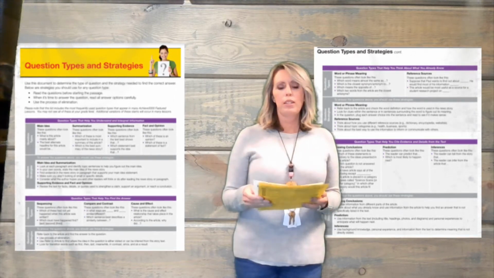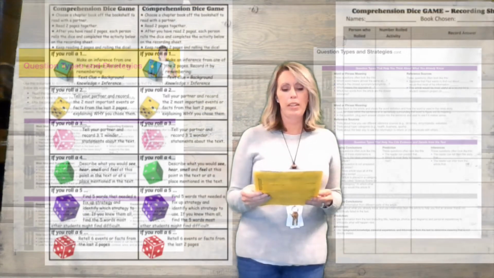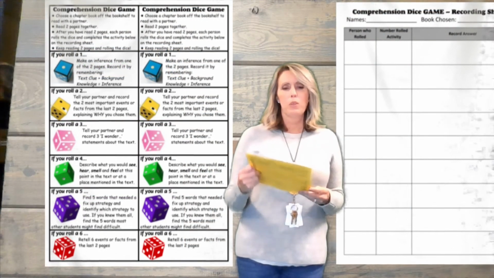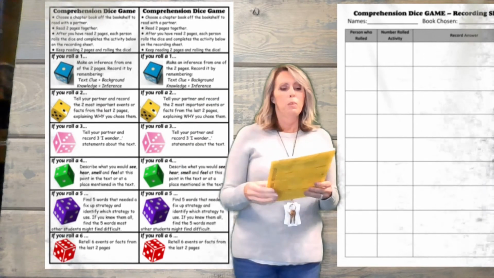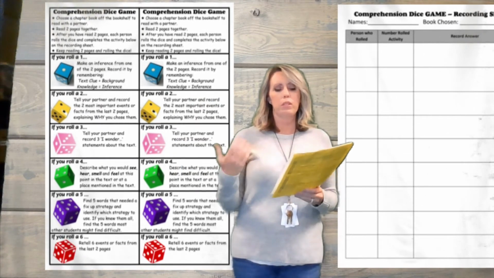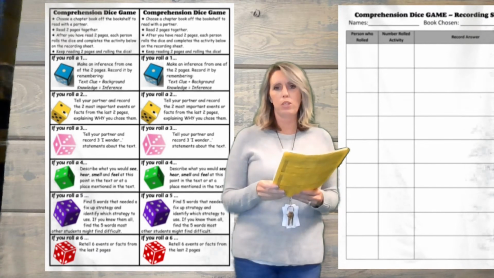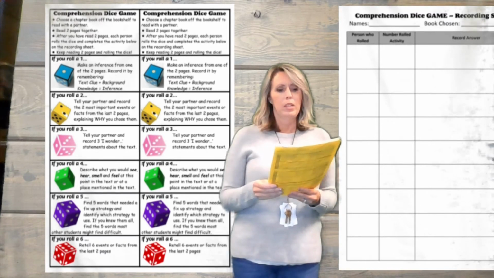Also, another way, you can play a game, make it more fun. This will also be in your packet. This is a comprehension dice game. Basically, if you roll a certain number, it gives you a question type to ask your child.